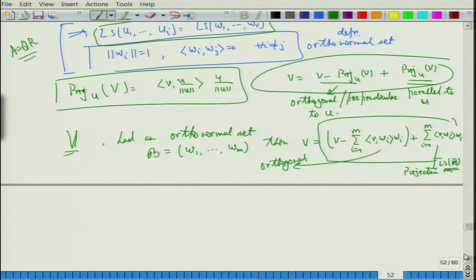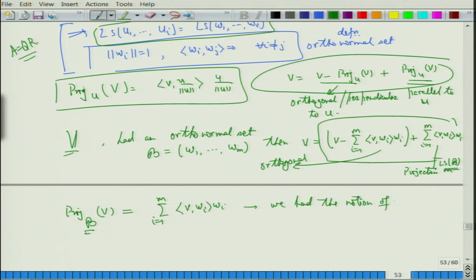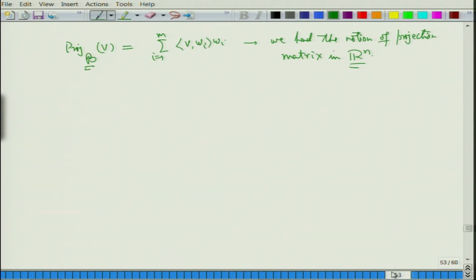So, this is what you have to understand, that I had all these notions with me. And from the projection of V on B in some sense, the notation is not proper, it should be linear span and so on, which is the same as V comma Wi, i going from 1 to m, we had the notion of projection matrix in Rn. So, what was the idea of projection matrix in Rn? Let us go back again and try to understand.